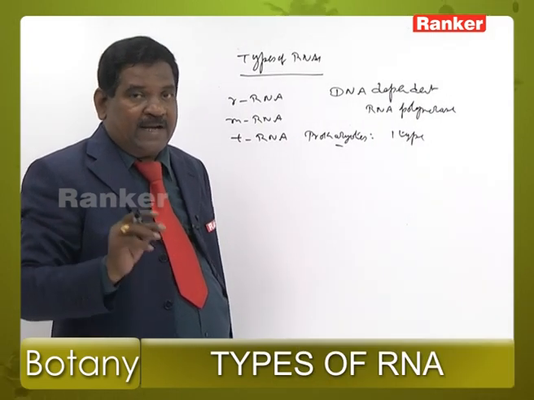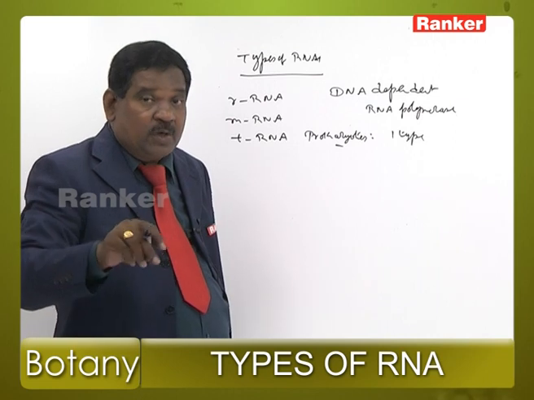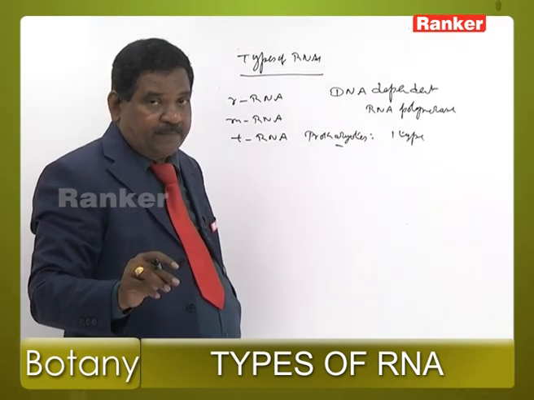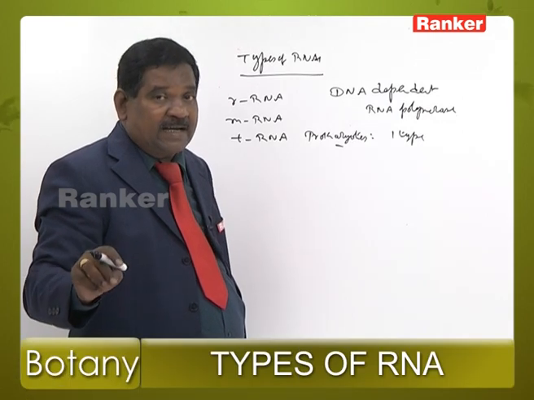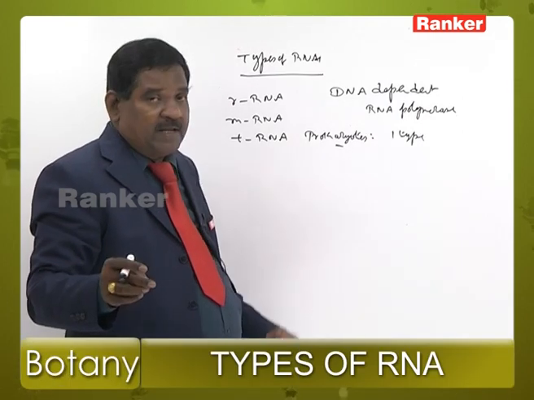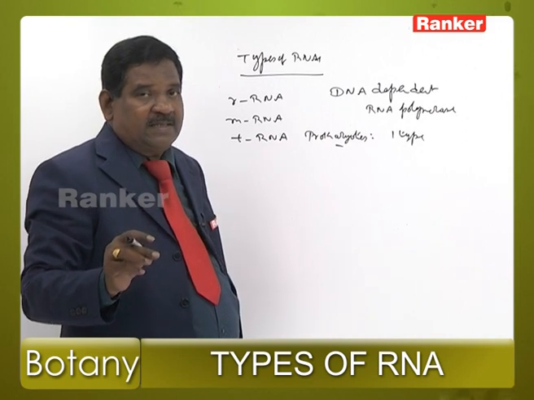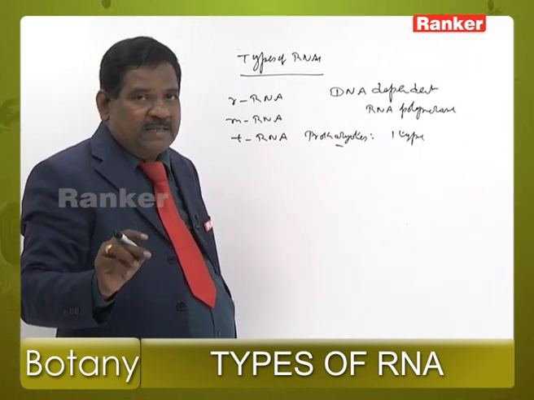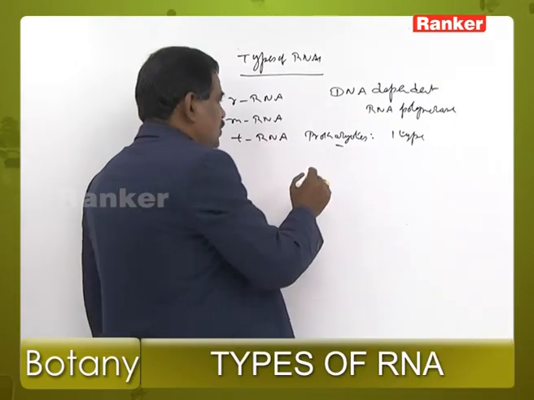But in eukaryotes, in the nucleus, three different types of RNA polymerase are present. In the cytoplasm, that means in cell organelles, one RNA polymerase is present. That means the total types of RNA polymerases present in eukaryotes.